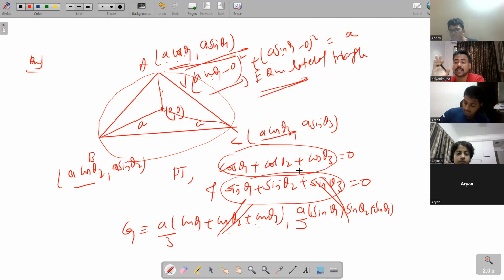Means 10-12 marks you will get easily. You don't have to put much effort. And solution of triangle in trigonometry is worth 15-16 marks, that matters a lot.